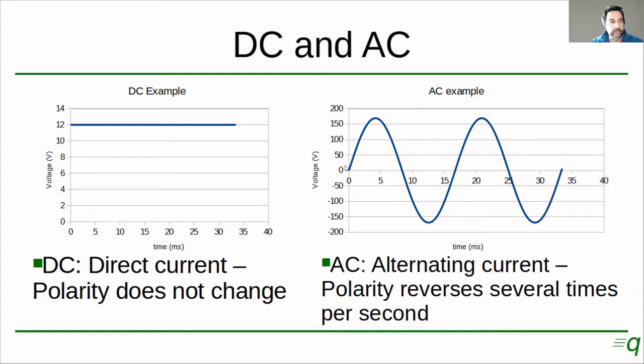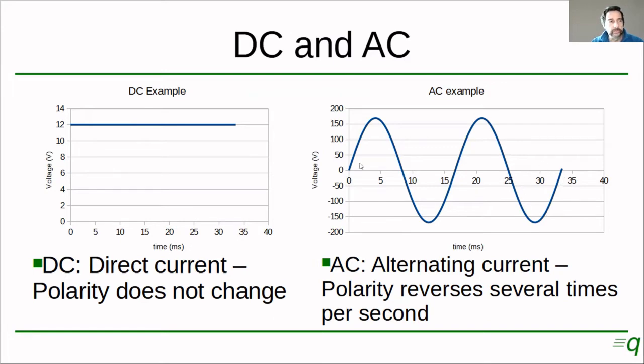In this case, this is a cycle, right? From 0 to a positive peak, then to a negative peak, and then back to 0. So this is one cycle, and in this example, it is taking about 17 milliseconds. After this one, another cycle exactly the same is going to follow, right? And it's going to be alternating positive and negative.